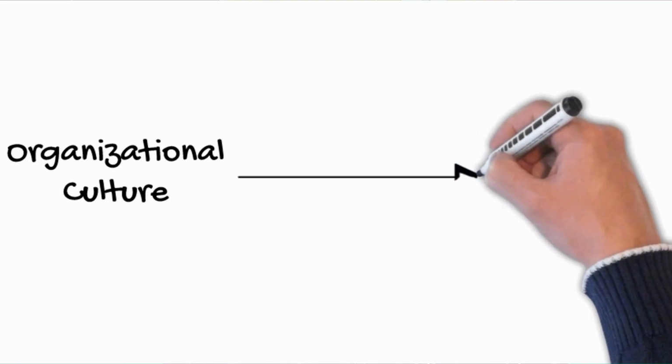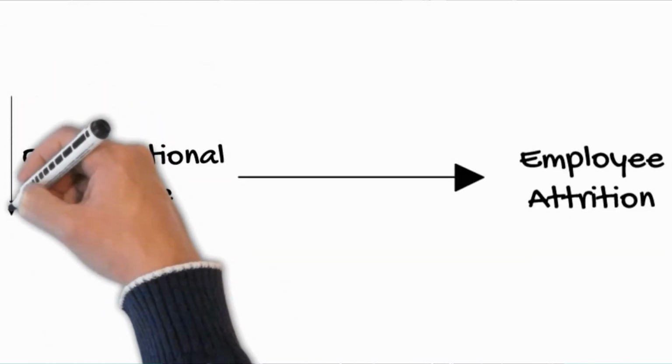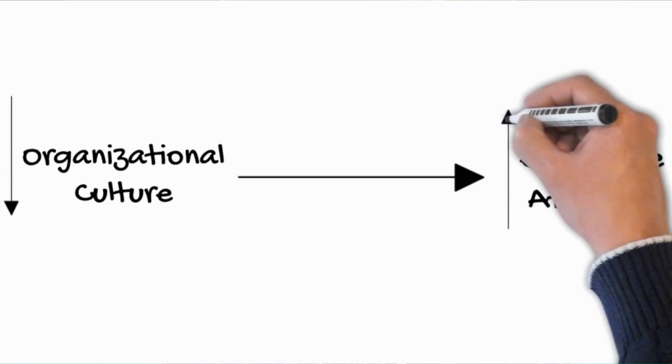Let's say, for instance, that you think organizational culture is going to influence employee attrition, or the rate at which employees leave an organization. Furthermore, you might assume that the worse the organizational culture, the more likely people are to leave, the higher the attrition rate will be. But what if the organizational culture is so good that people receive a lot of training and mentoring, resulting in them being able to find better opportunities in other organizations?